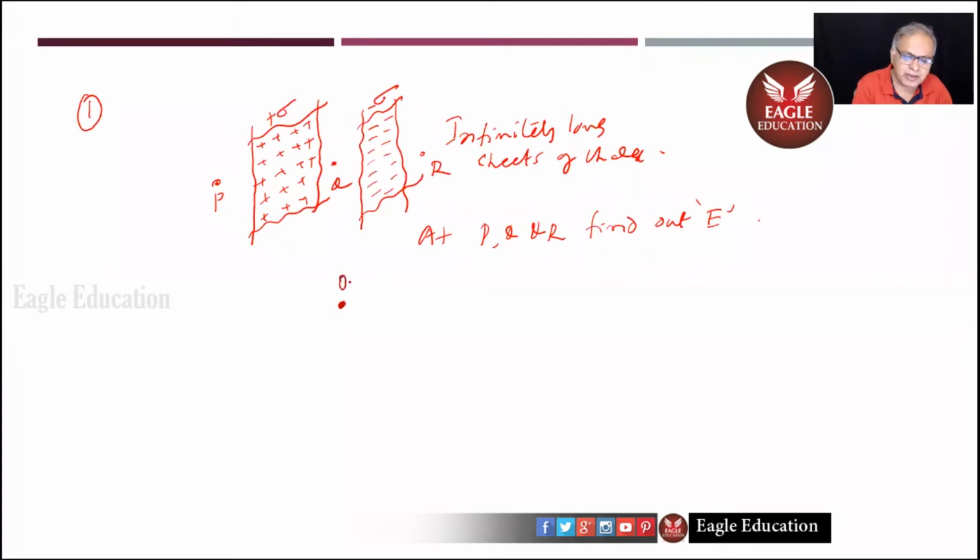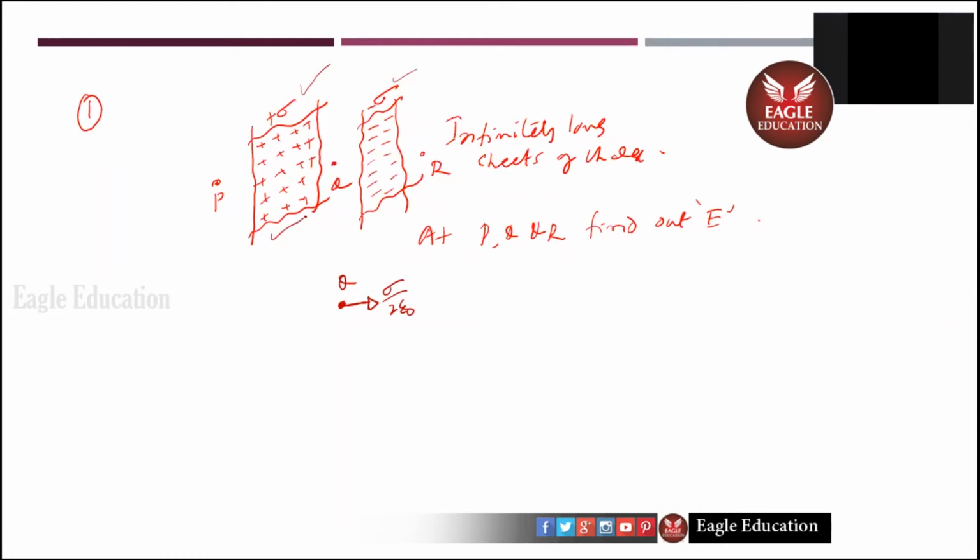At Q I am writing. It is a superposition once again. You should write E of this plate at different points. E of this plate at Q will be away from it because it is a positive charge, so sigma by 2 epsilon naught. This is only because of this one.